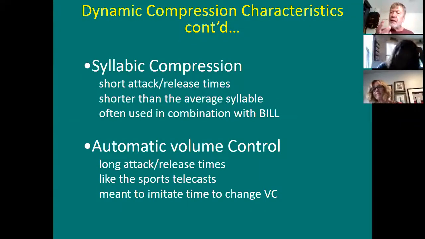It was really pioneered by Oticon, and it's short attack release times, really meant to follow the average syllable. And guess what it was used with? Bill. Because last week I told you that Oticon was big on Bill. Killian was big on till. He used adaptive compression.